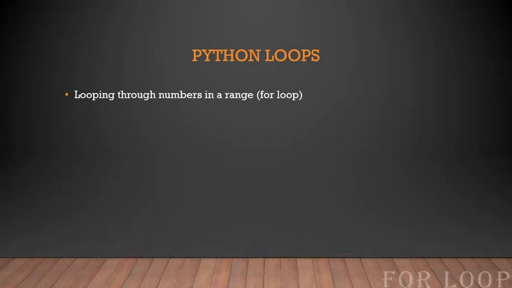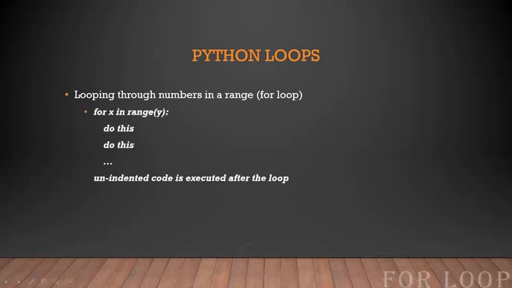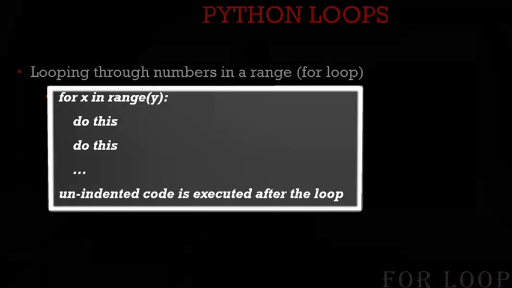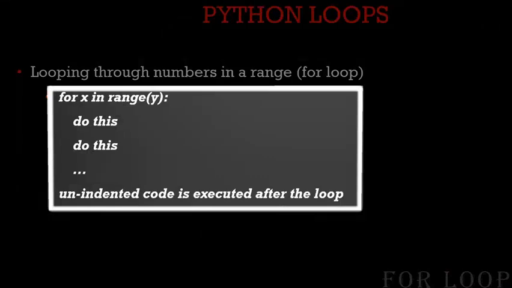With respect to loops, this is the syntax. Here we'll have the keyword for x. X can be replaced with any other variable name you choose; you can define it as i or whatever you like. In is the keyword which we have already seen, and then comes our function, which is range. Range of y: again, whatever will be the arguments or parameters within the range, here we are using y.